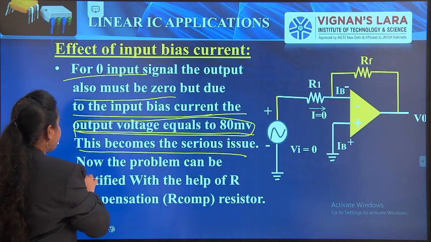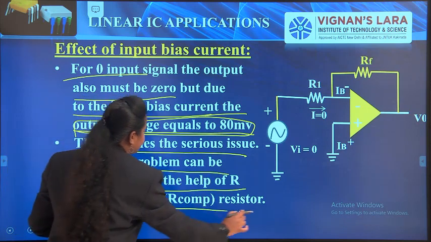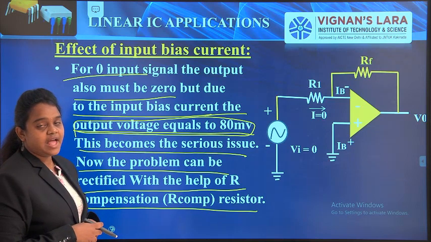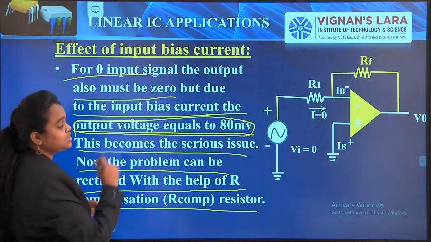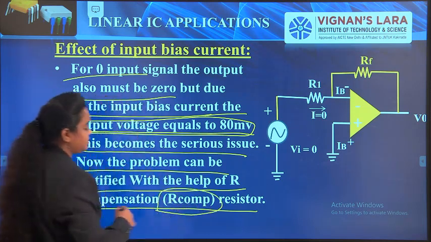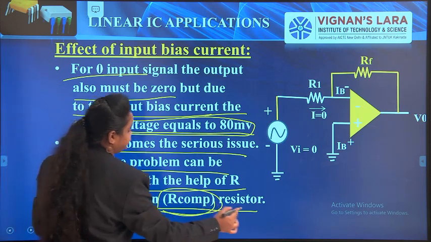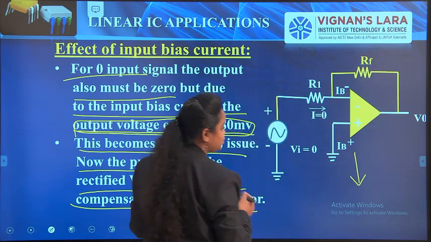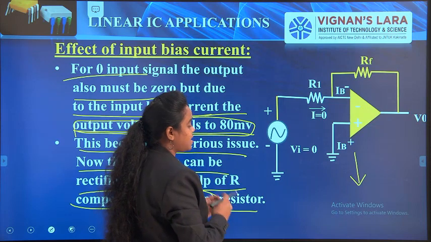The problem can be rectified with the help of an offset compensation resistor. To this circuit, I am going to add the compensation resistor, known as RCOMP.